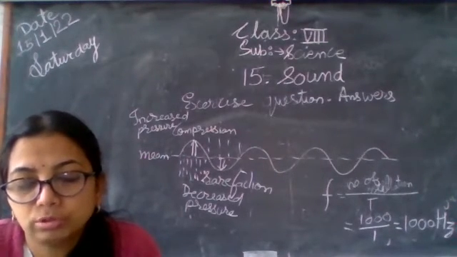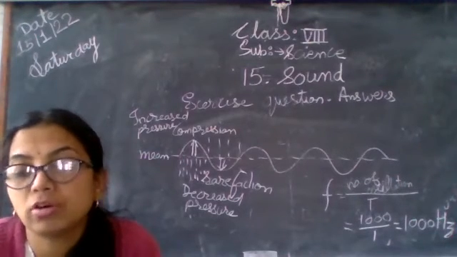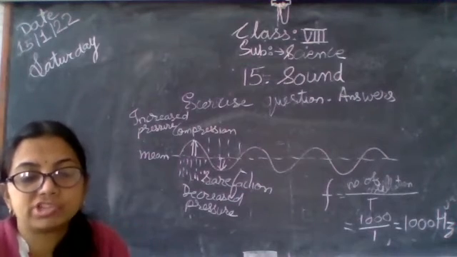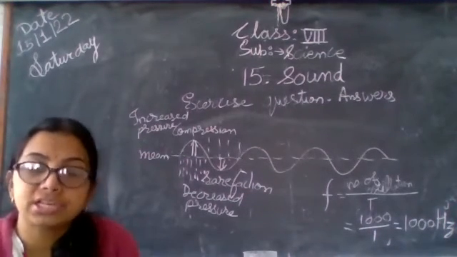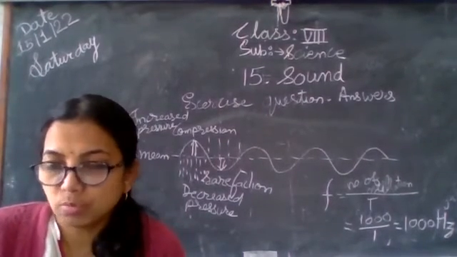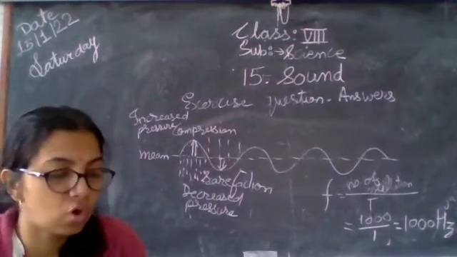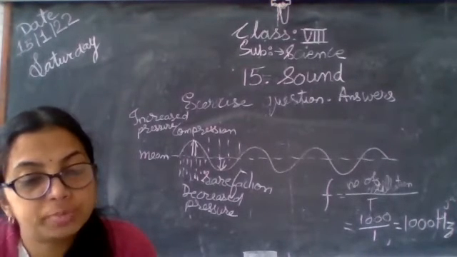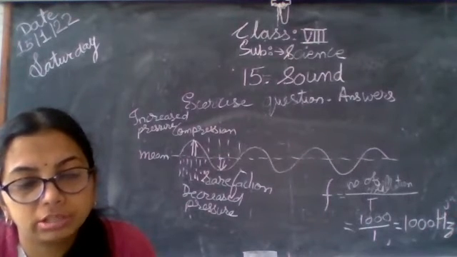Current is allowed to flow through this coil. As the coil moves, the conical screen of the loudspeaker vibrates back and forth, and that creates the sound. So you have to write down both things in answer 4, the larynx working and the loudspeaker working, where magnet and electricity work together.